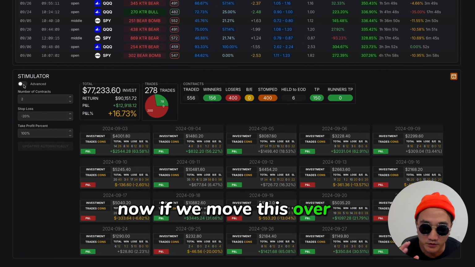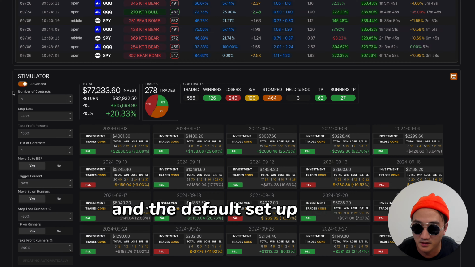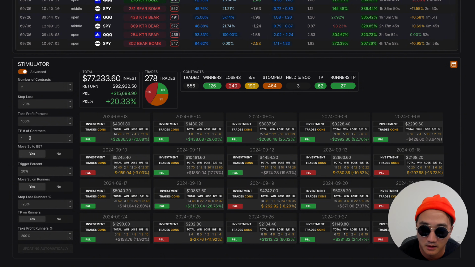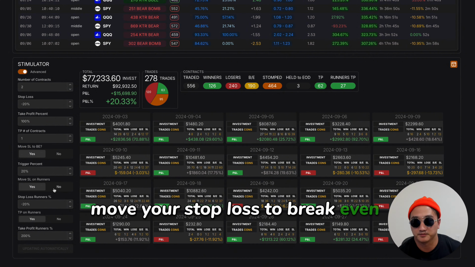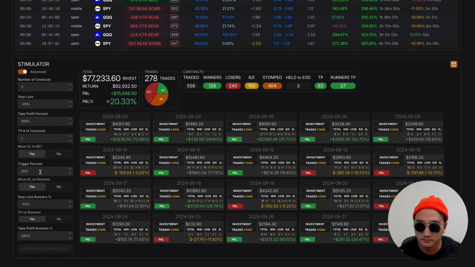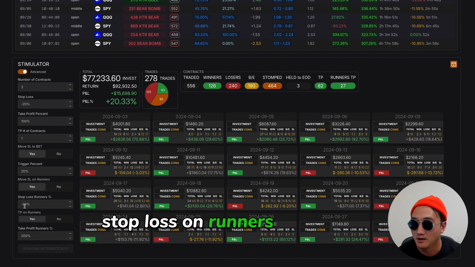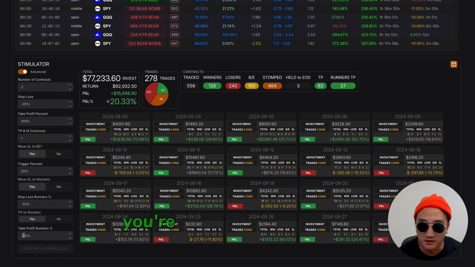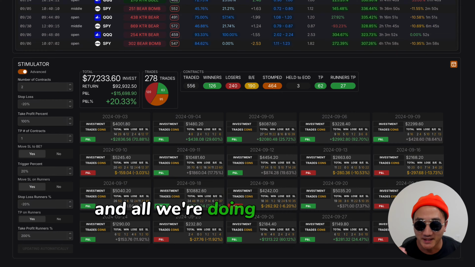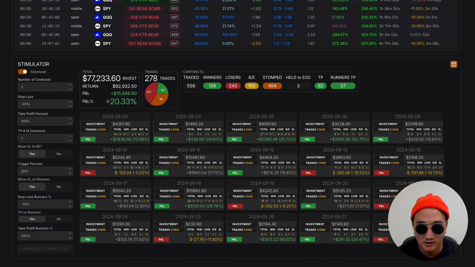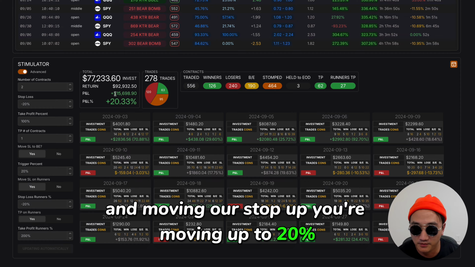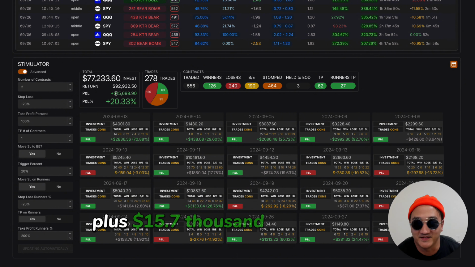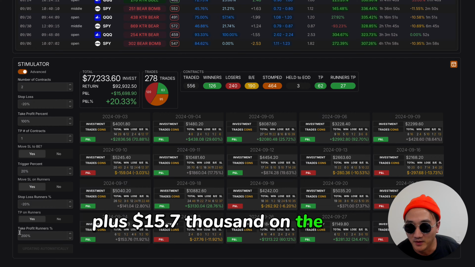Now, if we move this over to advanced, the default setup here is going to be 100% take profit for one contract, move your stop loss to break even at 20%. Stop loss on runners, minus 20%. You're going for 200% plus. So just doing that, and all we're doing is leaving one runner and moving our stop up, you're moving up to 20% plus $15.7 thousand on the month.